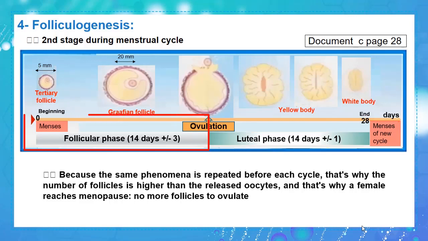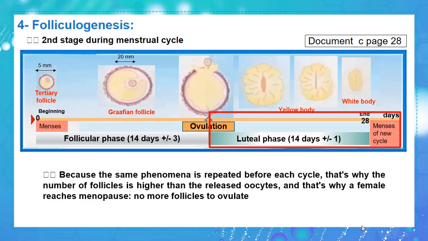The duration before ovulation is known as the follicular phase because of the presence of a mature follicle in the ovary, while the duration after ovulation is called the luteal phase because of the presence of the luteal body.